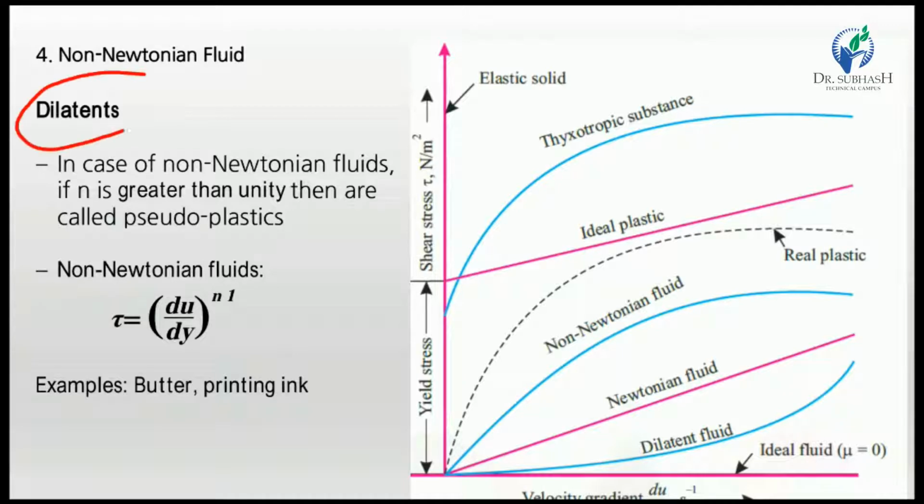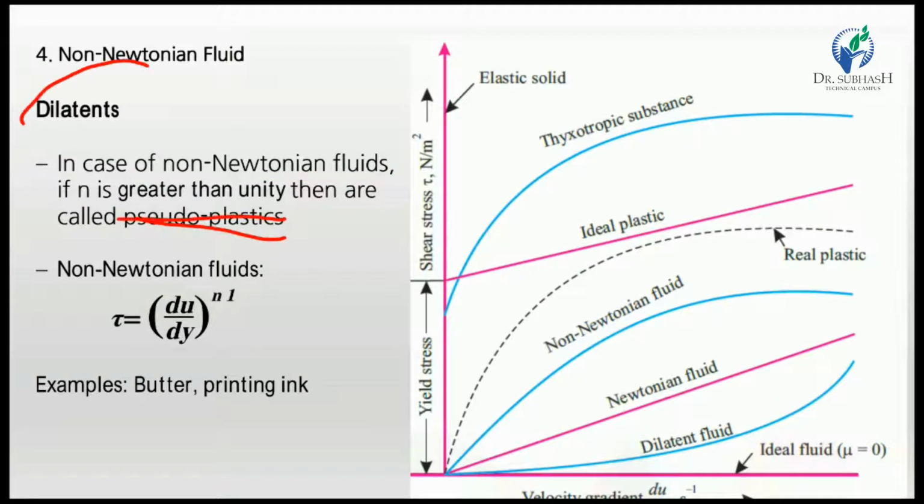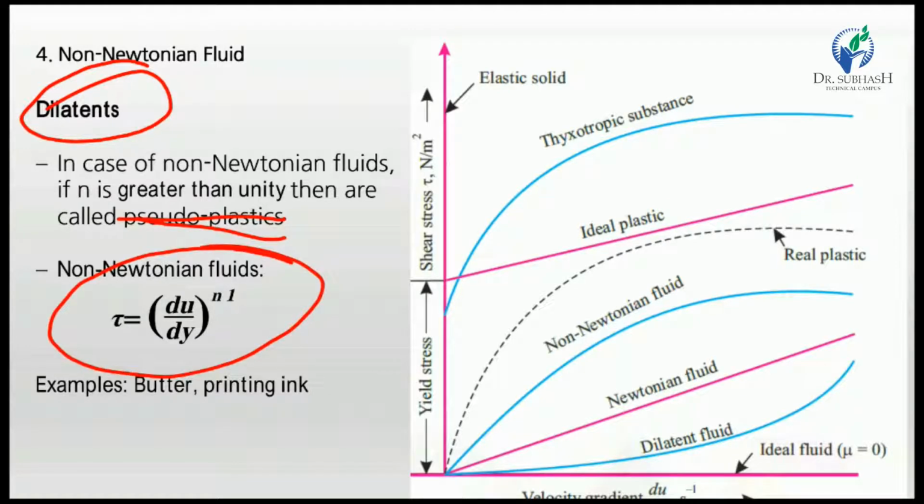Now dilatant. In the case of a non-Newtonian fluid, if the value of n is greater than unity, then the fluid is called dilatant. Okay. And the non-Newtonian fluids obey this equation: shear stress is equal to du by dy to the power n, and the value of n is greater than 1.